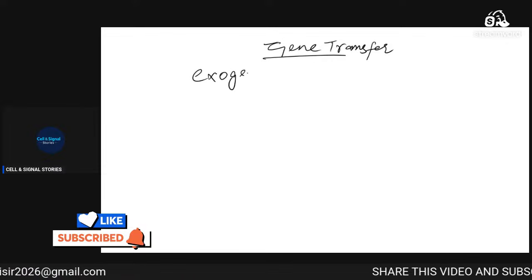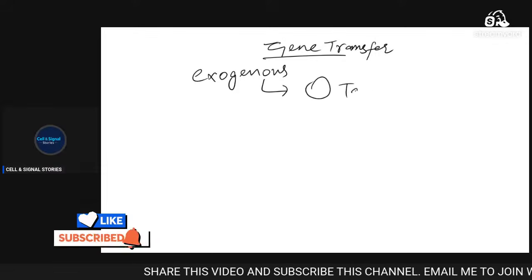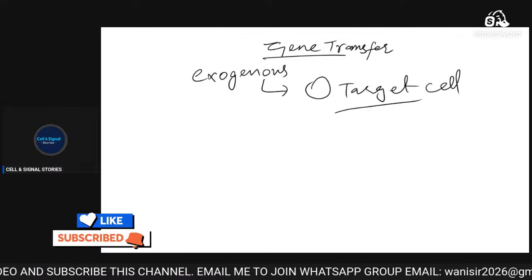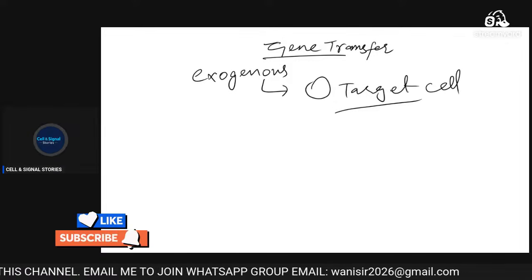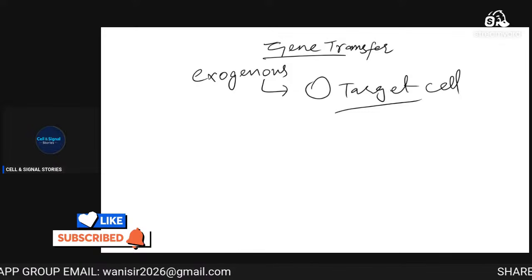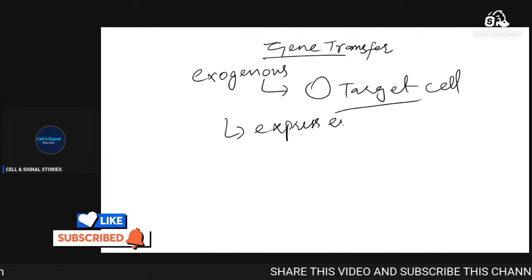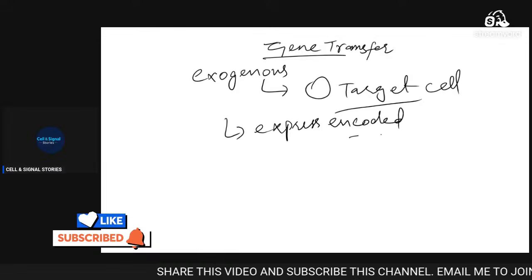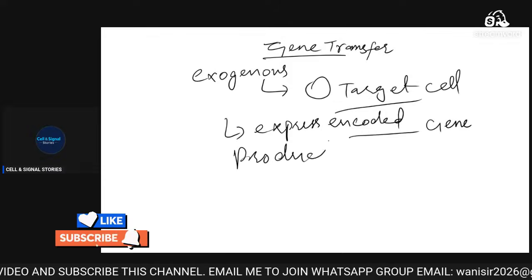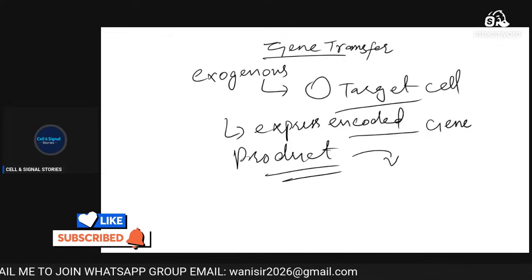That is DNA from outside the cell, delivered into the target cell, so that the cell can express the encoded gene product, such as a protein or therapeutic RNA.